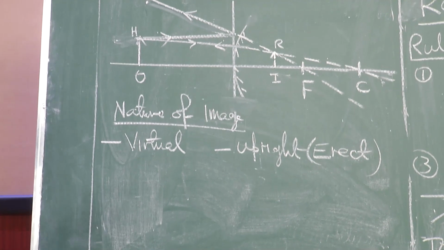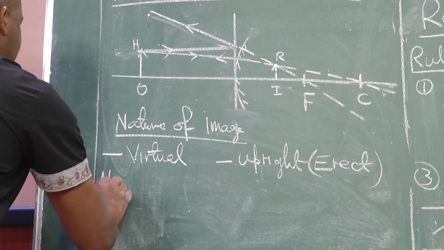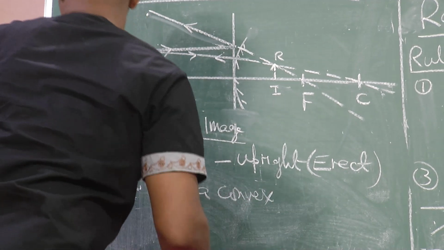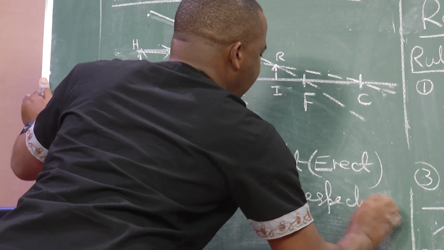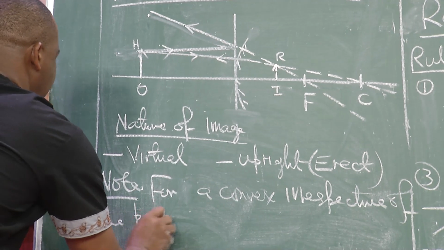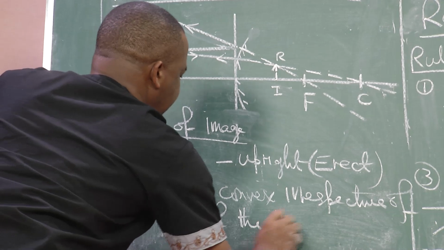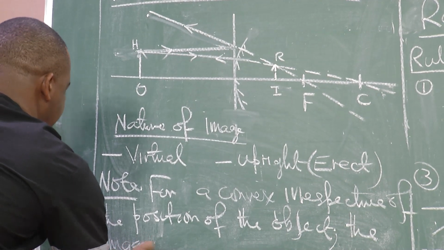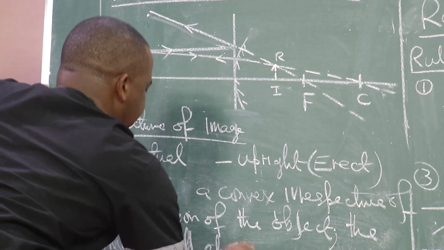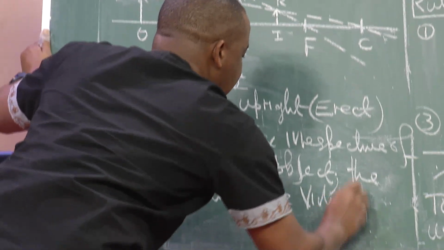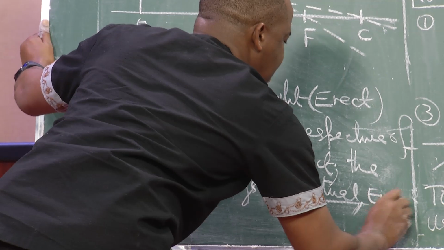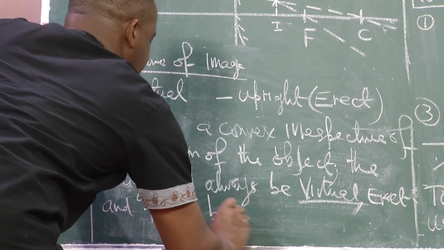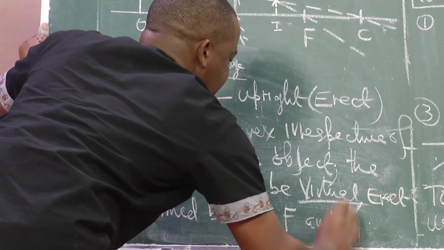And this brings me to a point that I can put as a note: for a convex mirror, irrespective of the position of the object, we can say the image will always be virtual, erect, and formed, as you can see, between F and the pole.